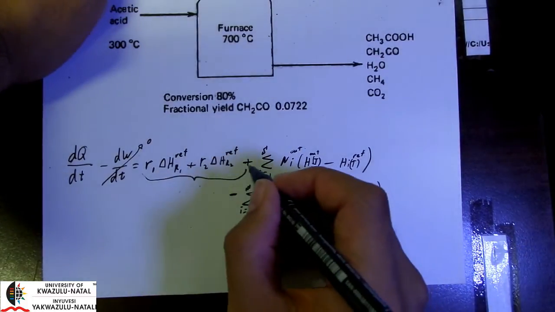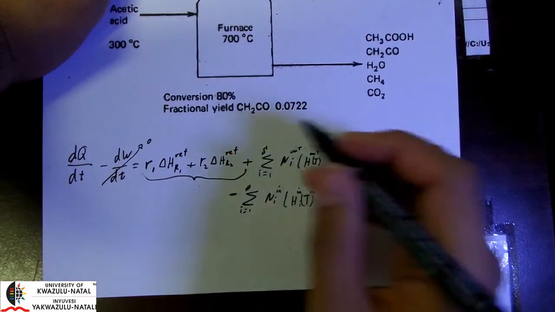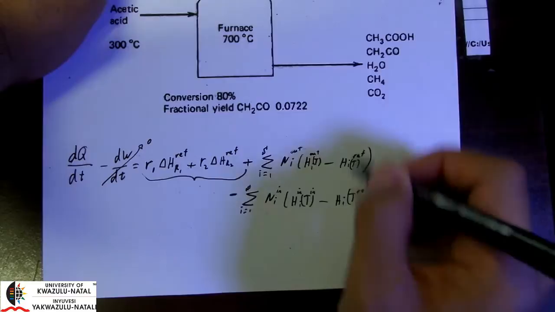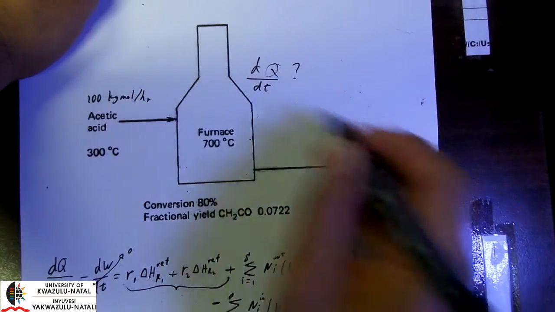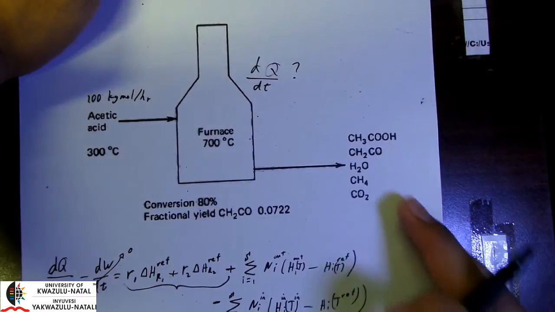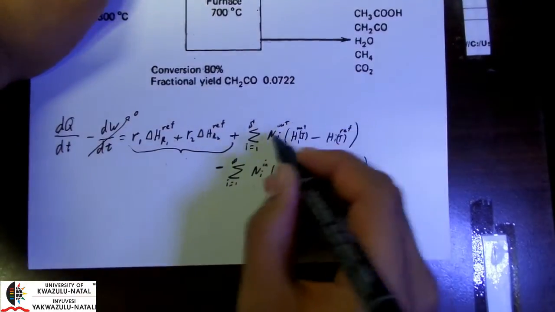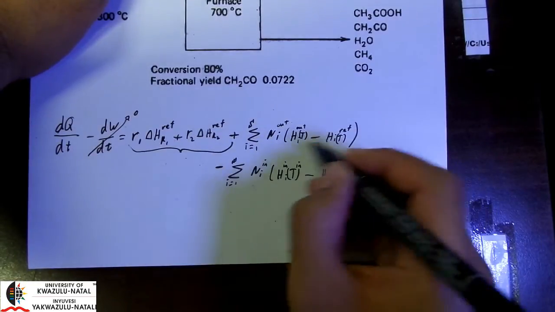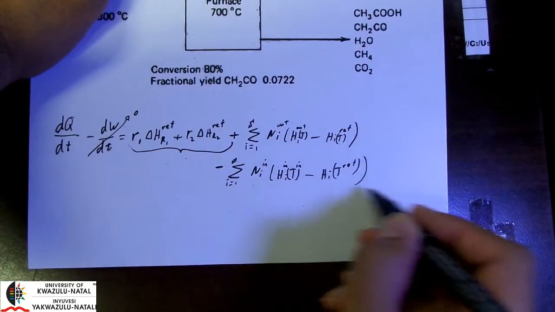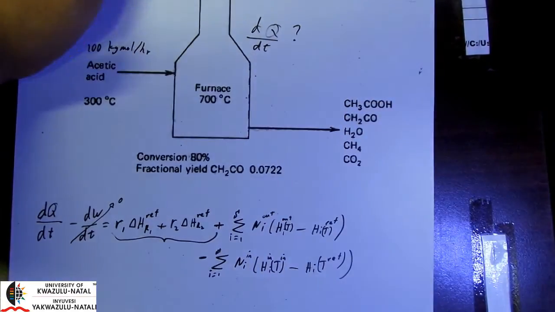Okay, and thereafter I have the difference in enthalpy between my output flows and my input flows. Okay, so that's ultimately adding my summation between my output and my input, and as you can see, there are many different species at my output.